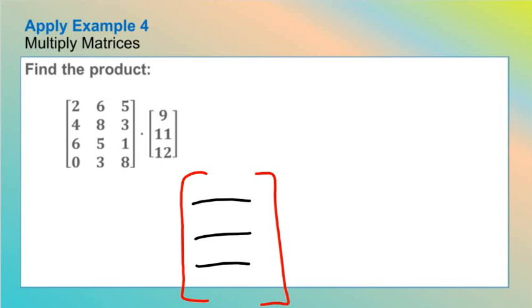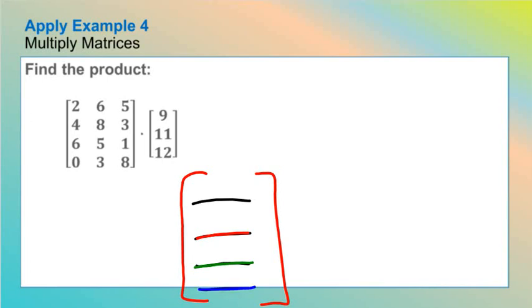So here, we can do the product here. So our answer is a 4 by 1. So let's put that down. Okay, so let's make these different colors, red, green, and then this is blue.